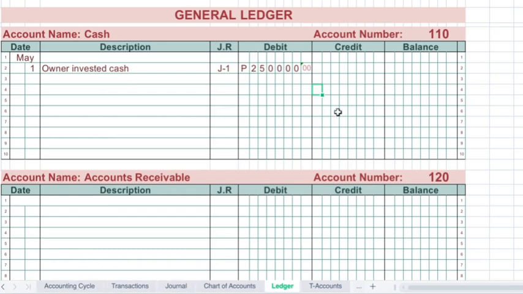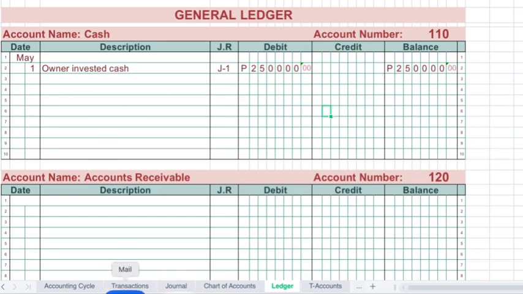And then, balance. So, as we all know, yung mga asset accounts natin, ang positive balance nila or they increase on the debit side. So, ibig sabihin, itong mga nasa debit na to are positive and then yung mga nasa credit natin are negative. Okay, sila yung ibabawas natin sa debit. So, ang balance natin here is 250,000. Since yan pa lang naman yung first transaction natin.